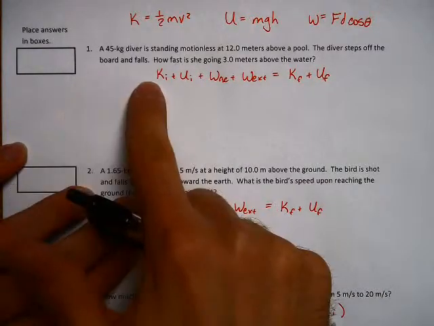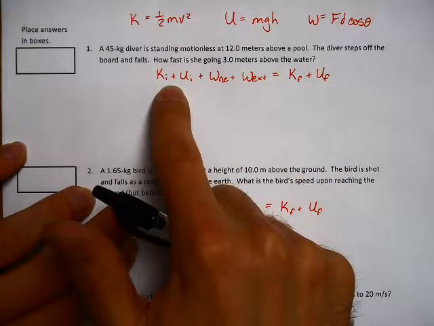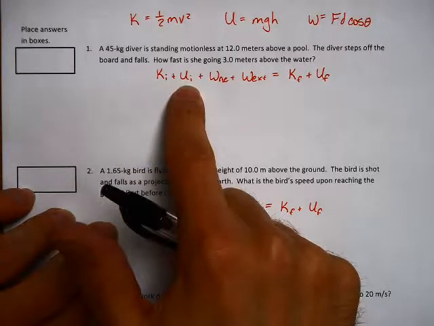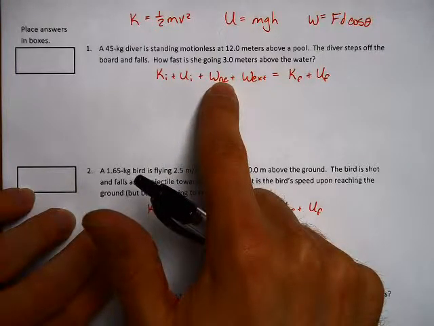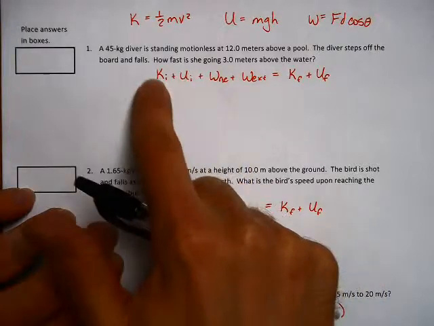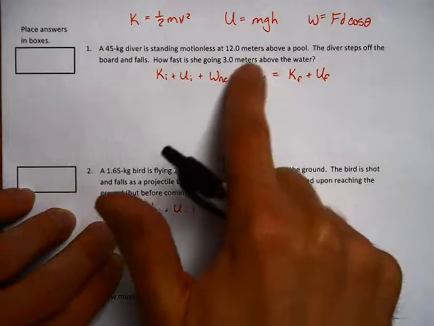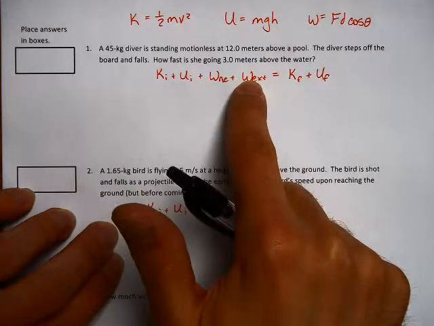For the first problem, we start off with an equation that captures the idea of energy conservation. An object's initial kinetic energy plus its initial gravitational potential energy, plus any work done by friction, this is typically negative, and subtracts from the total mechanical energy, plus any work or energy transferred in from the outside.